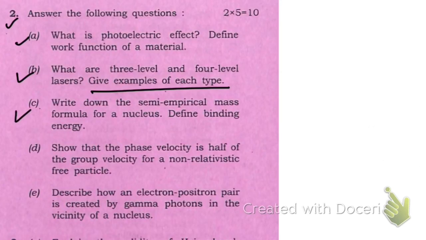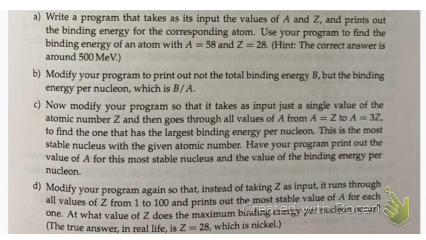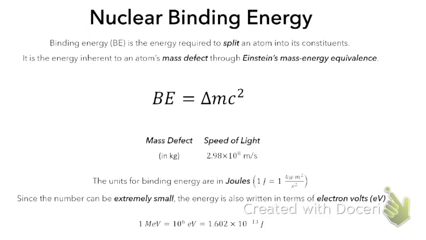So 2C: write down the semi-empirical mass formula and define binding energy. Okay, let me give you the answer. So this is the semi-empirical mass formula, with all the details written about the formula here, and this is the nuclear binding energy.